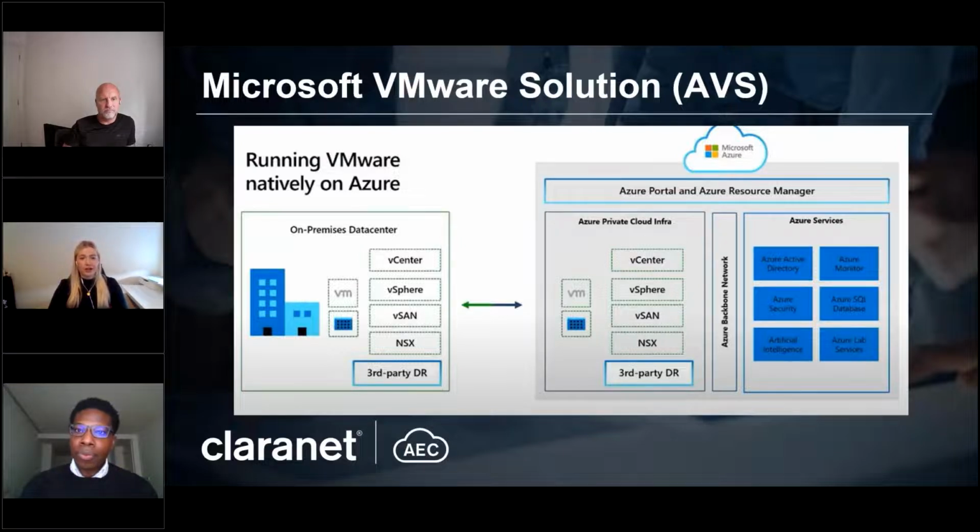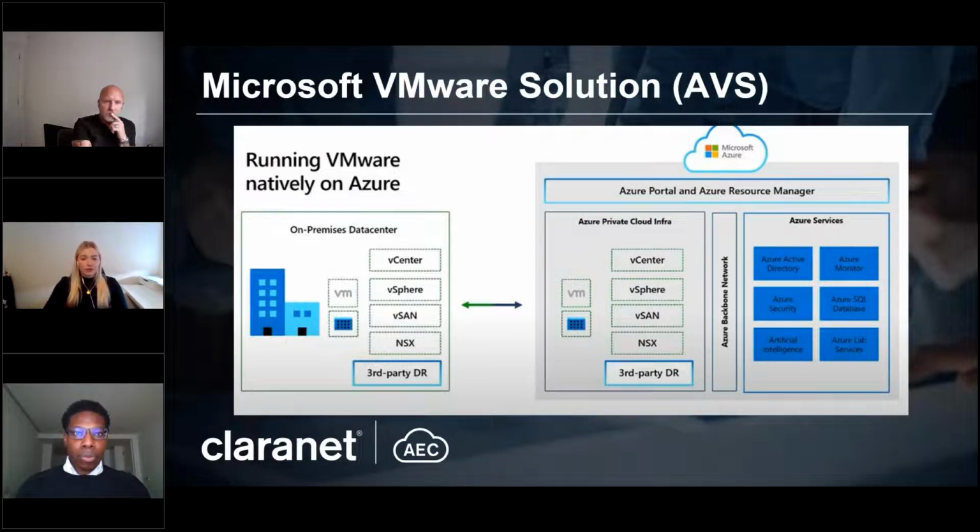So what is AVS? AVS is essentially your current VMware environment in Azure, giving you symmetry of your on-premise experience in the cloud. It's an Azure service built with VMware that delivers a vSphere-based single-tenant private cloud. This allows you to scale, it allows automation, fast provisioning of your VMware workloads and global Azure infrastructure.